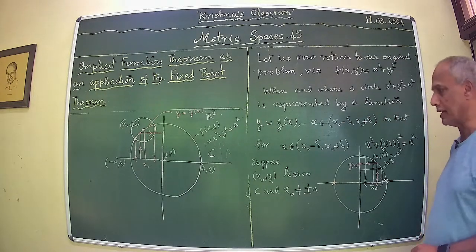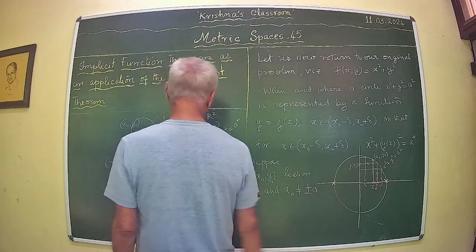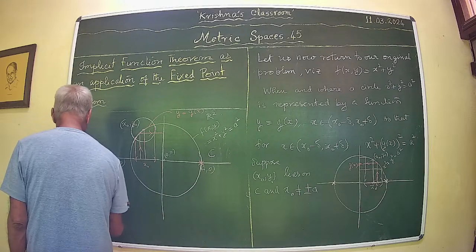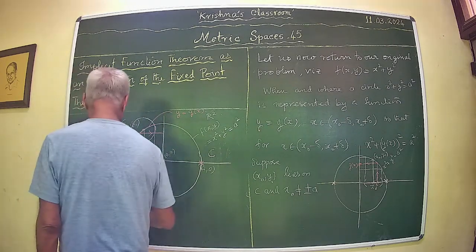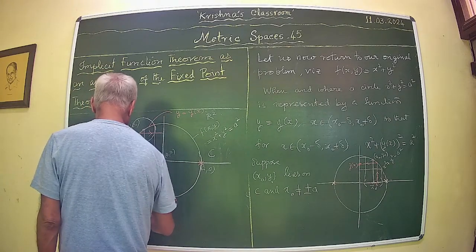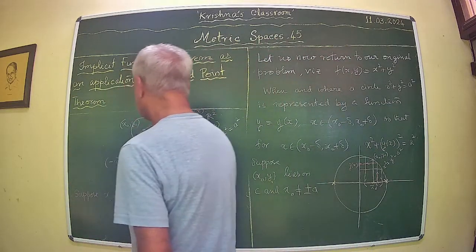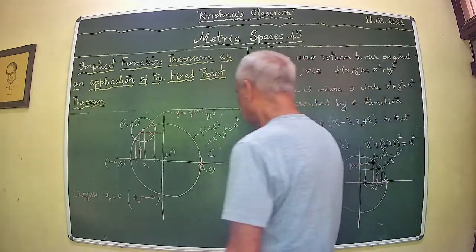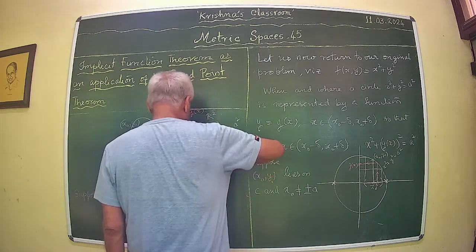Now to complete the story, we have to look at the scenario where x naught equals A, or equally well x naught equal to minus A. That means these 2 points. Then y equal to 0. Now you take a neighborhood of this. Any neighborhood of this.